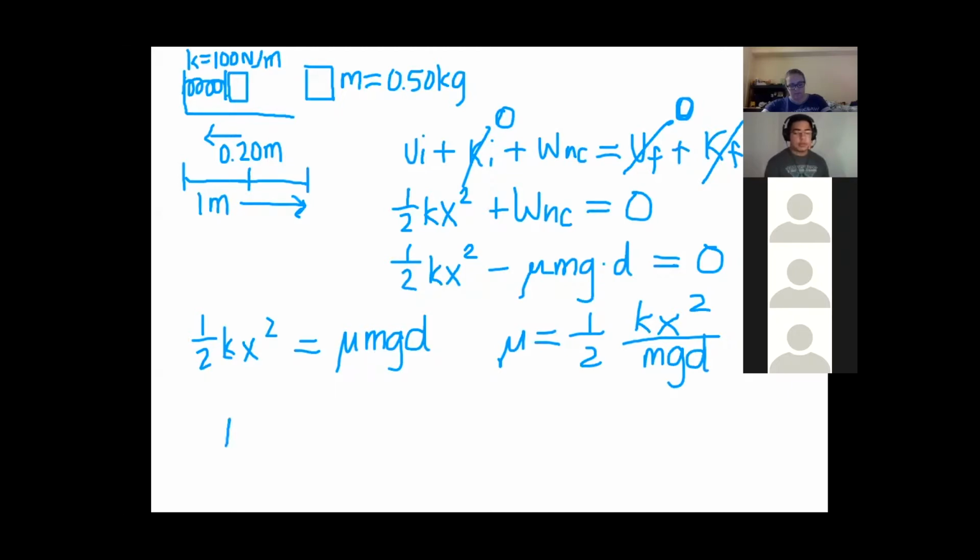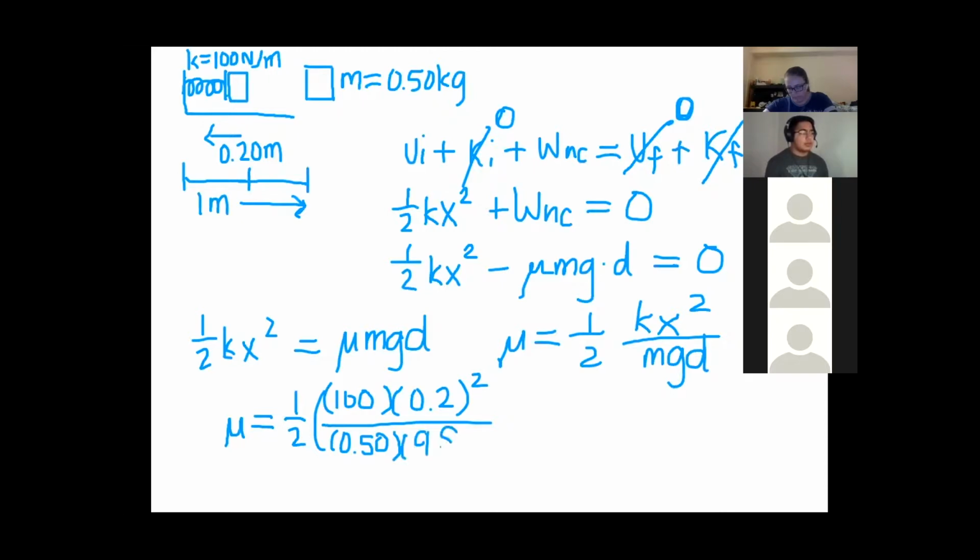Certainly. So when we put in our values, which is 1/2 of 100 times 0.2 squared, divided by 0.5 times 9.8 times 1, we get a final answer of 0.41.